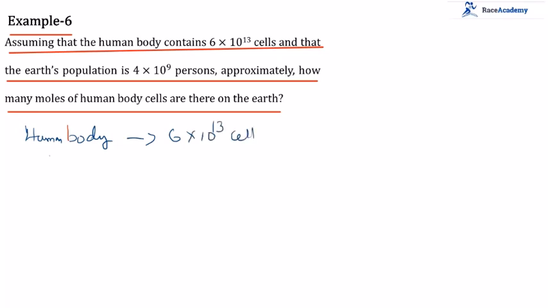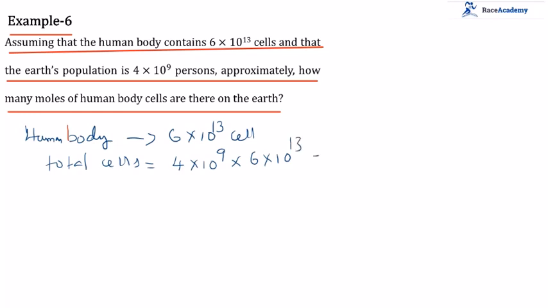Like that, if you calculate it for the entire population, the total cells on the earth will become equals to the number given, 4 into 10 to the power of 9 persons in the world, multiplied with 6 into 10 to the power of 13 cells per one human being.